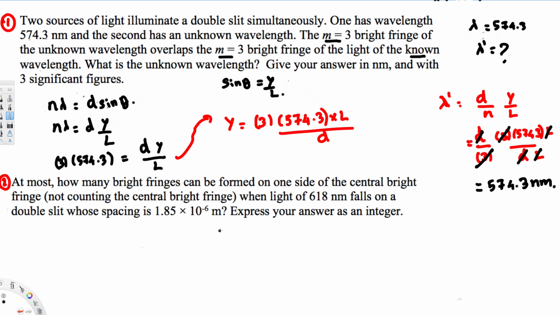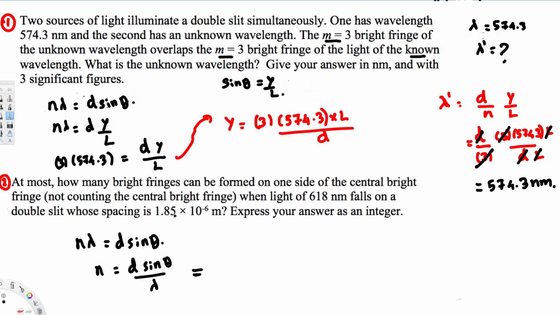Now let's see. Again we can use the same equation, n lambda is equal to d sine theta, and here what we are trying to find is this n value. n is equal to d sine theta over lambda, and when sine is maximum it's going to be just 1, so we can put 1 right here.